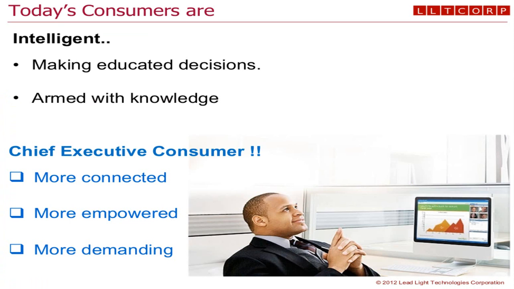So they're making educated decisions on how to best spend their money on products and services that they value the most. And they're armed with knowledge from the ads, research, forums, word of mouth. So what makes them intelligent is the way they are making more informed decisions.